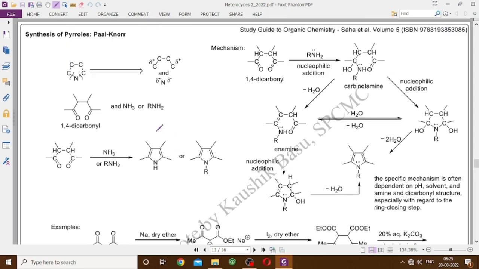So this is very much like the Paal-Knorr synthesis of furan, where we had a 1,4 dicarbonyl ring closing down on itself by one oxygen acting as a nucleophile and the other carbonyl acting as an electrophile.